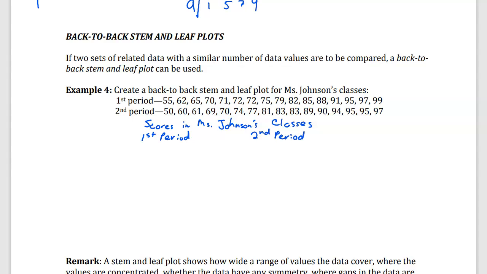We're going to have her first period on the left side and her second period on the right side, and the stem in the center. We're going to start with our 5 and go all the way to our 9 as our stem.